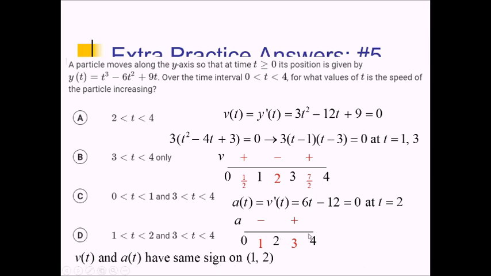Now from 2 to 4, a is positive. v doesn't become positive until 3, but it's positive from 3 to 4. So they're both positive then on the interval from 3 to 4. So because v of t and a of t have the same sign on these intervals, that means that the particle is speeding up. The speed is increasing on these intervals. So matching that with an answer choice, that's looking like choice D.